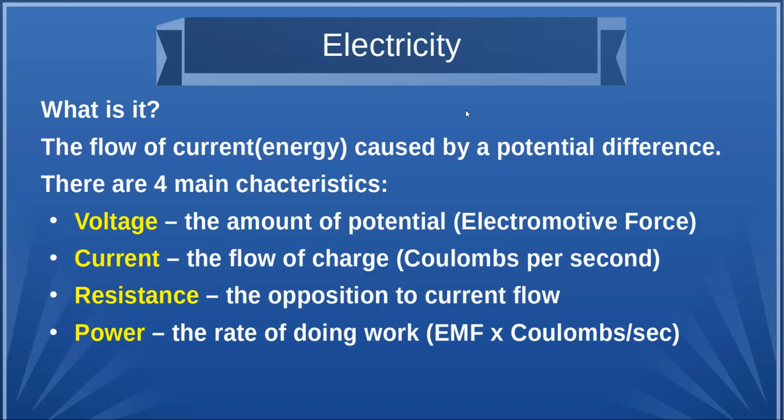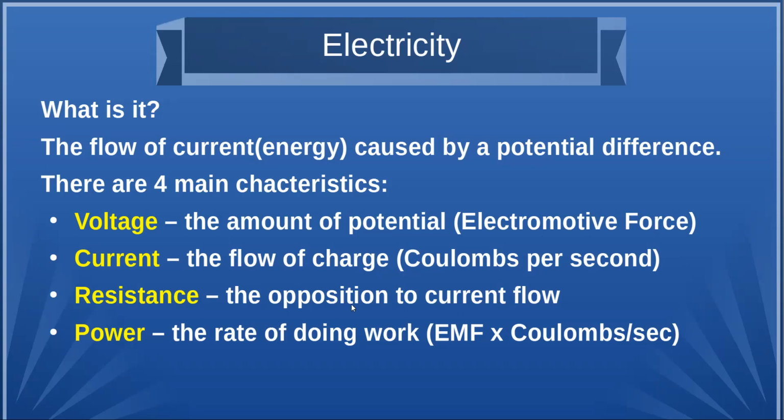Okay. What is electricity? I'm not sure anybody knows, but we call it the flow of energy or current caused by a potential difference. There's some force that's causing current to flow. It has four main characteristics that we look at: the voltage, which is the force, and the current, which is the amount of charge that's flowing, back in the coulombs.